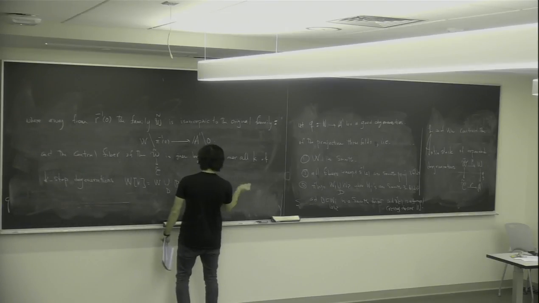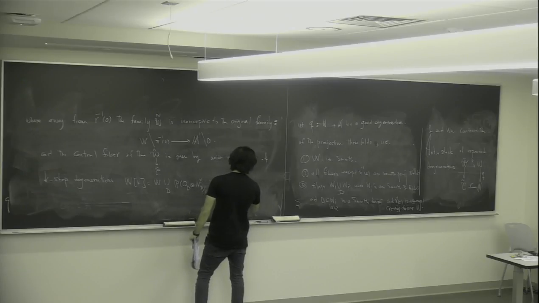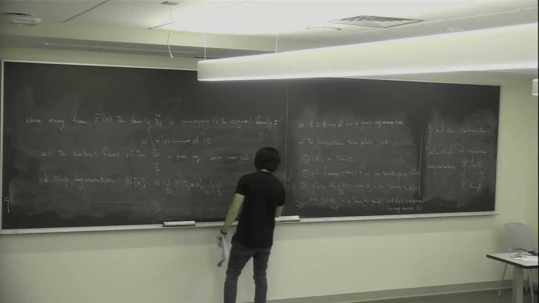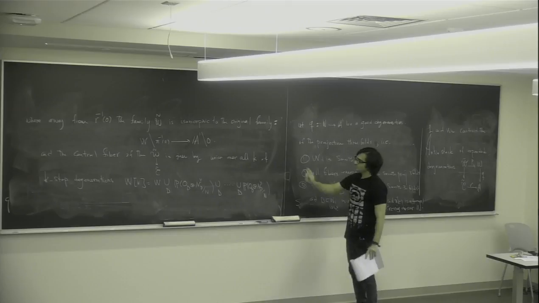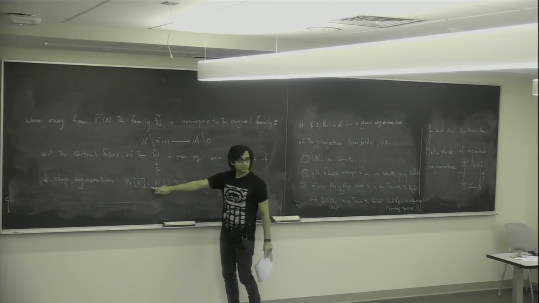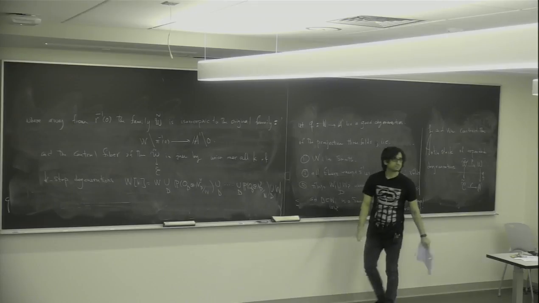So projectivizations of O of D plus conormal bundle of D inside W. And then at the end, you attach W to it.